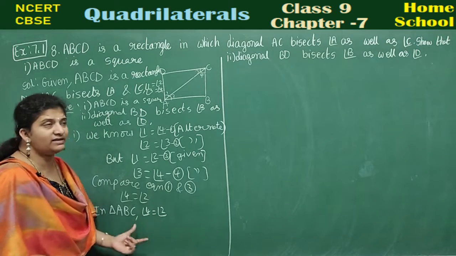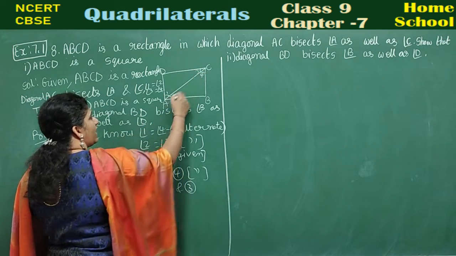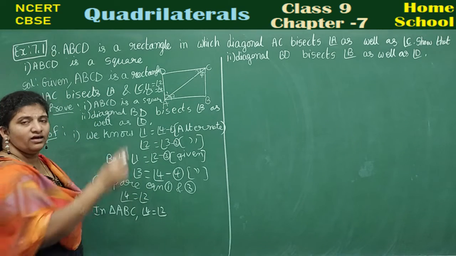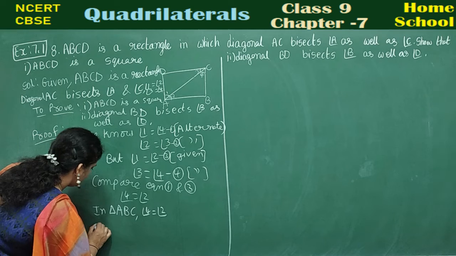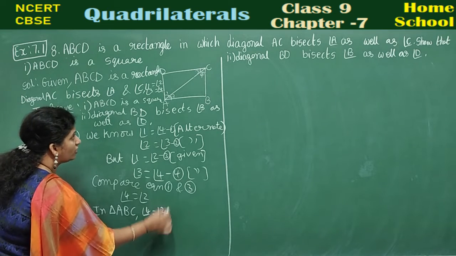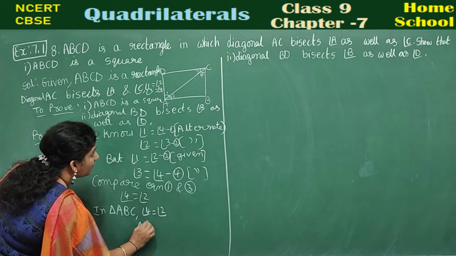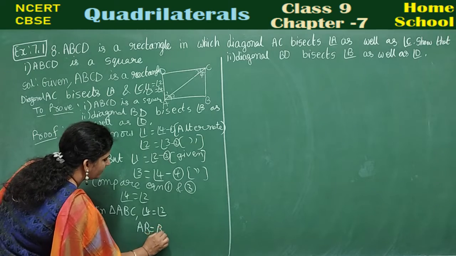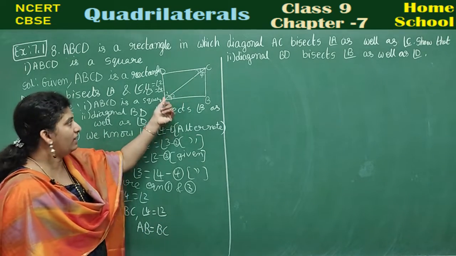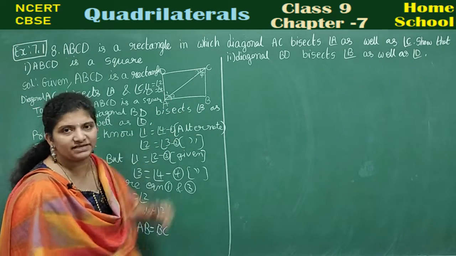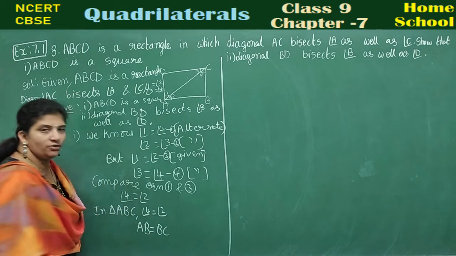If these two angles are equal, what can I say? Their opposite sides are equal. If angle 4 is equal to angle 2, then AB is equal to BC, I will say. Angle 4 opposite side is AB, angle 2 opposite side is BC. AB equal to BC.